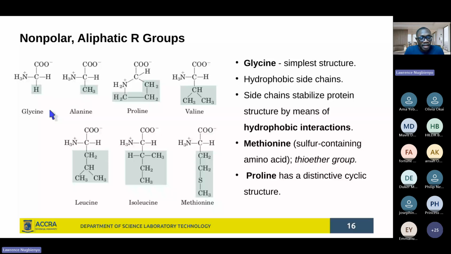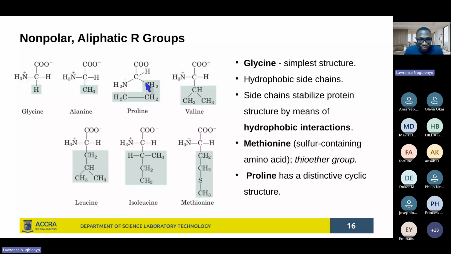Now we continue from glycine, to see the more complex side chains. Alanine, in place of that hydrogen, you are now seeing there is a CH3, a methyl group. That's another aliphatic group. It's non-polar. Proline, you see proline is having some intramolecular cyclic structure, because you see that the side chain, which is on the alpha carbon, forms a cyclic structure with an amine group there.